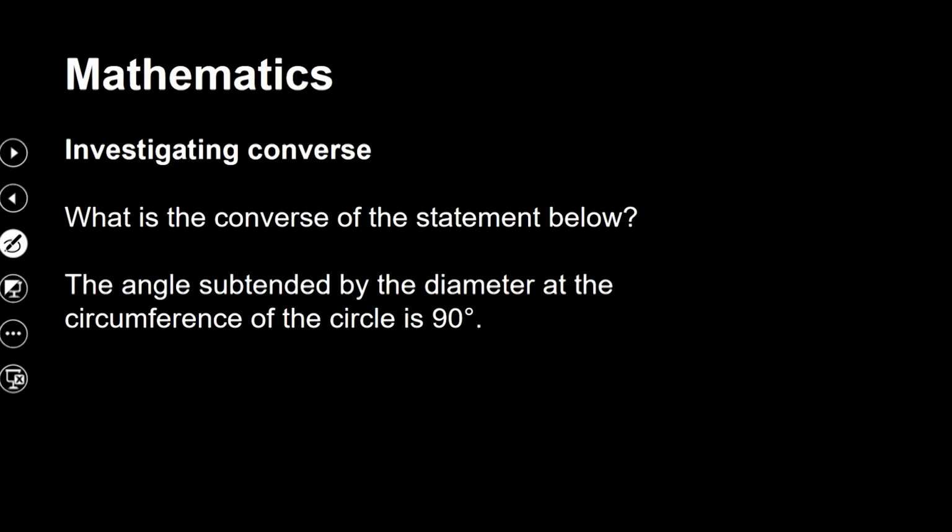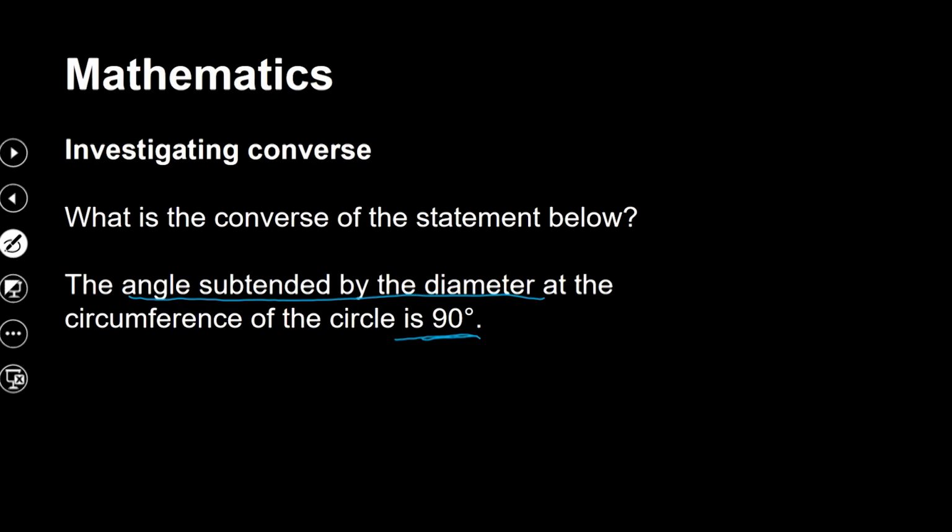So what exactly is the converse of the statement that I have here? The angle subtended by the diameter at the circumference of the circle is 90 degrees. I want you to take a moment and think about that. If the angle is subtended by the diameter and the angle is 90 degrees, it means that if the angle is 90 degrees at the circumference, then it is subtended by the diameter.